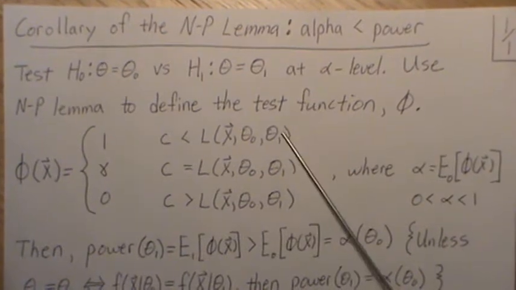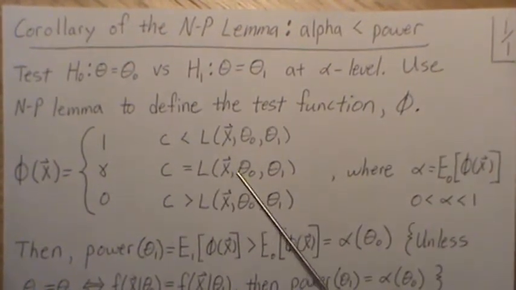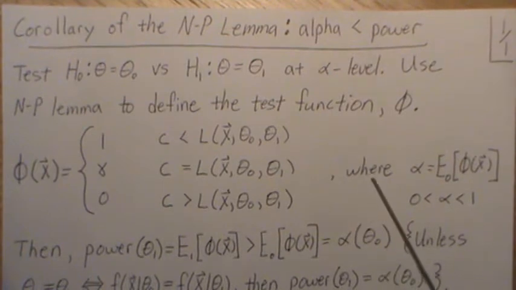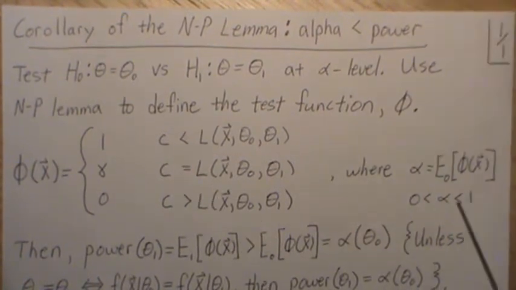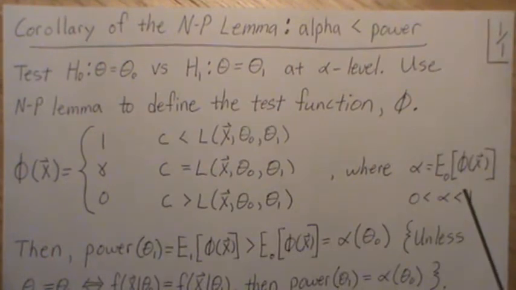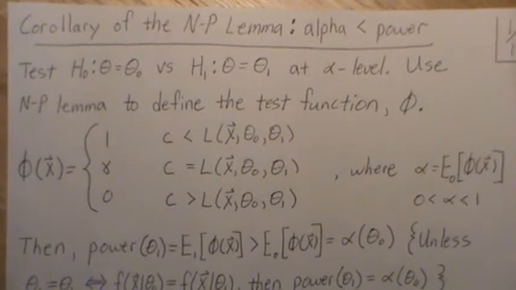Now, we reject if the likelihood is greater than some constant. We randomly reject if the likelihood is equal to some constant, and we do not reject if the likelihood is less than some constant. And of course, these constants are determined by this equation here. I'm going to point you back to earlier videos in this playlist where we derive that explicitly.